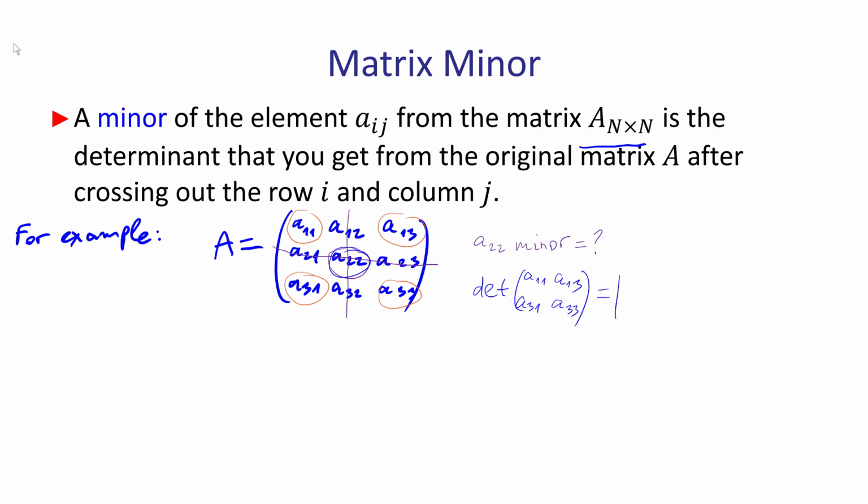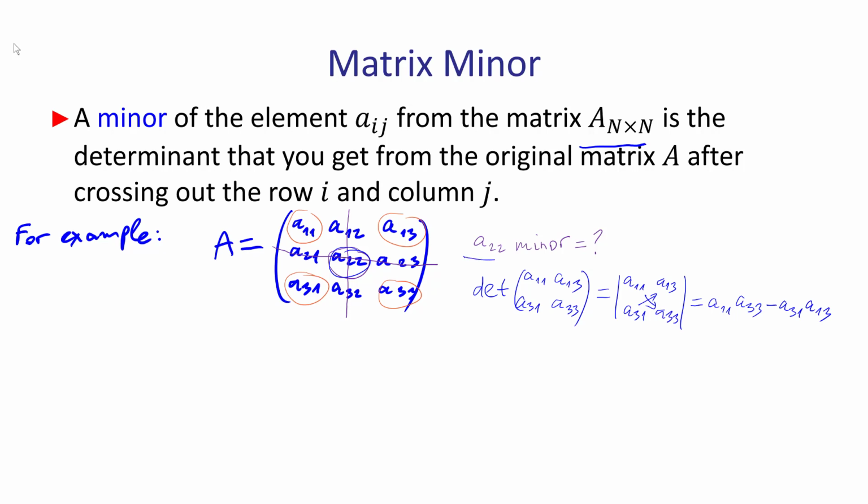Or you can also write that the following way. It's A11, A13, A31, A33. Now, you know already how to compute determinant of second order, because this is given by the formula. It's A11 multiplied by A33, so it's cross multiplication here, minus cross multiplication here, so it's minus A31, A13.